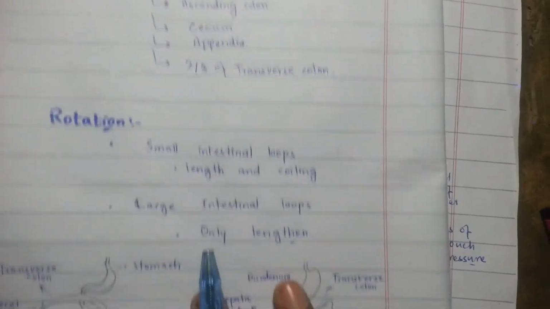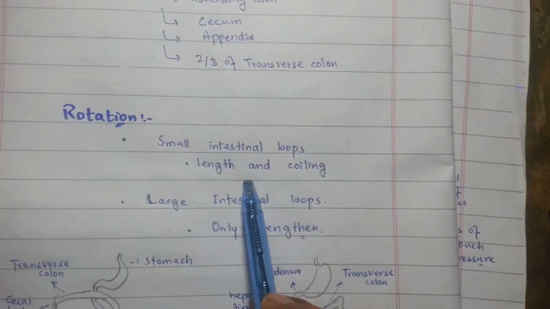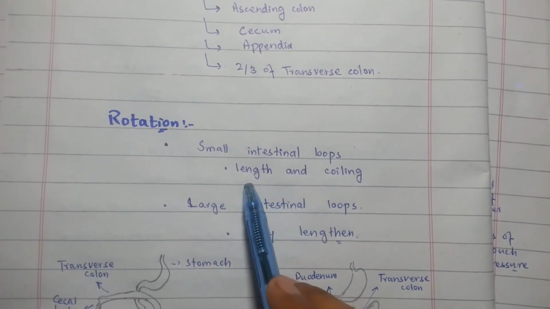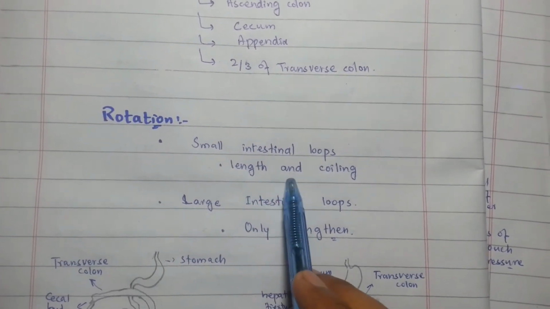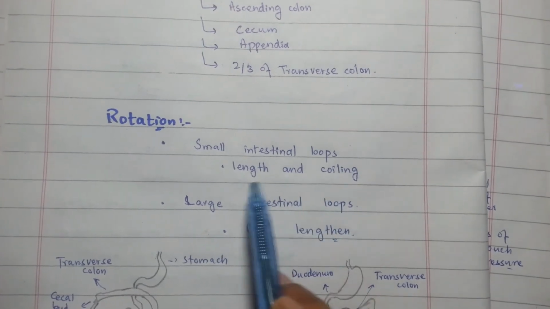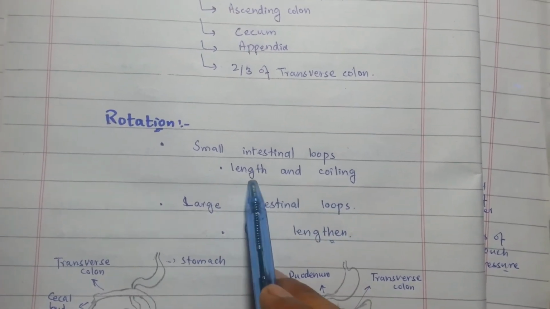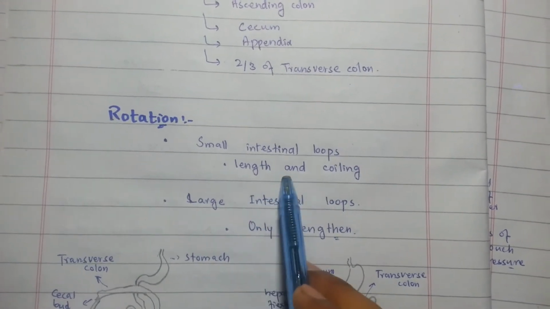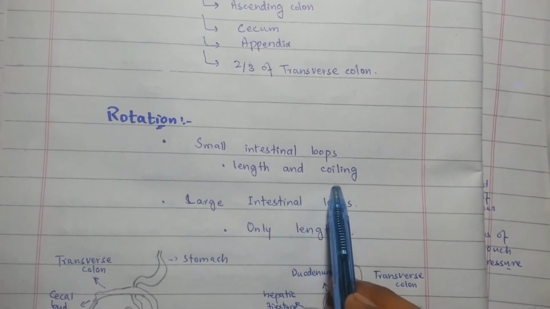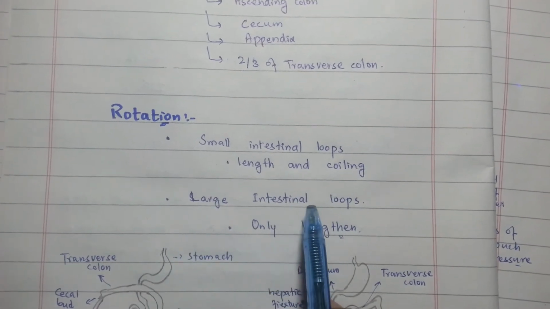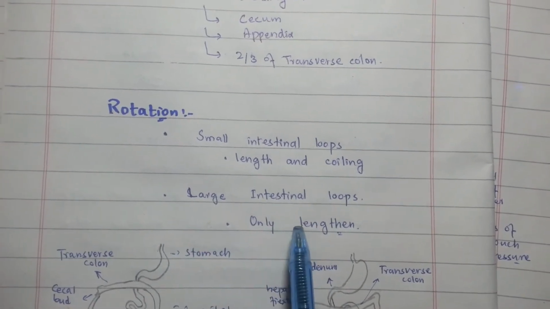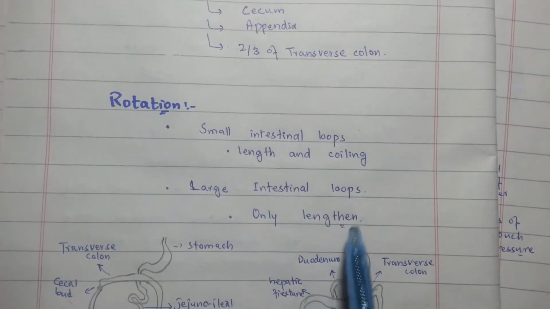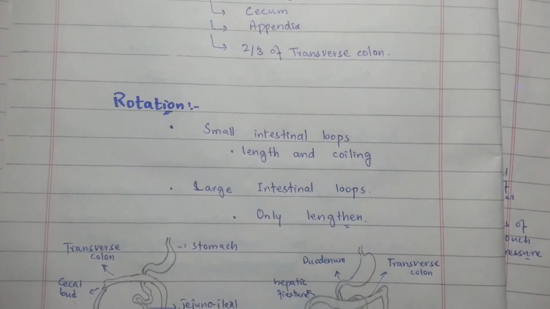Then for the rotation, small intestinal loops rotate and increase in length and coiling. During the rotation, small intestinal loops increase in size and show coiling, while the large intestinal loops only show an increase in length but not coiling. This is the point to remember.